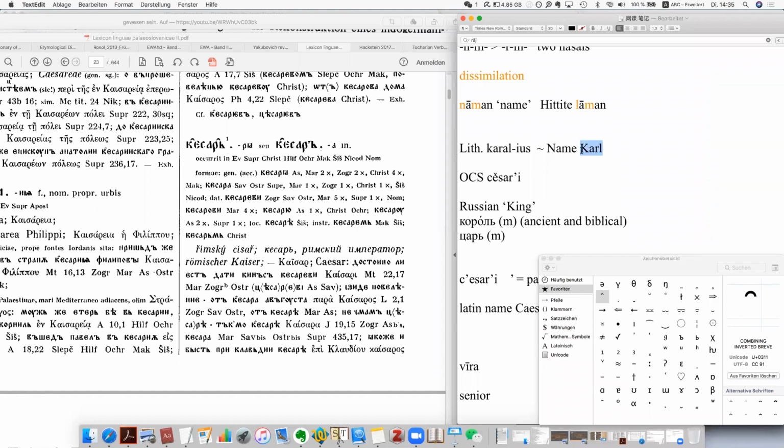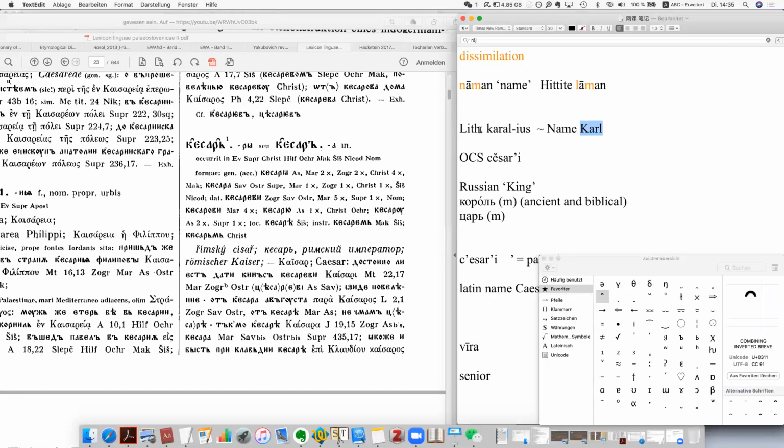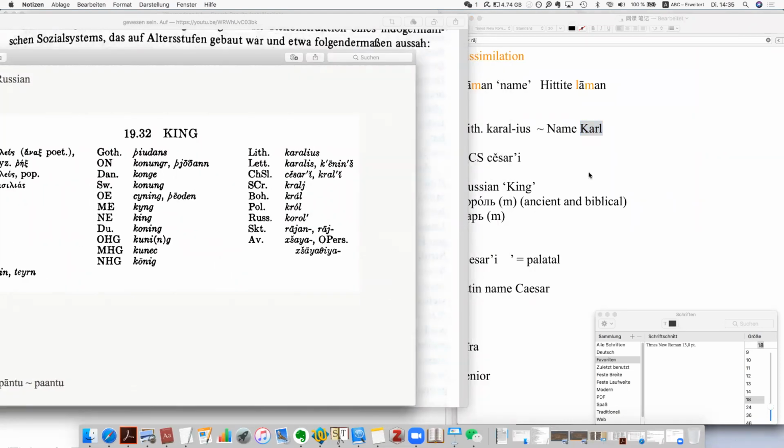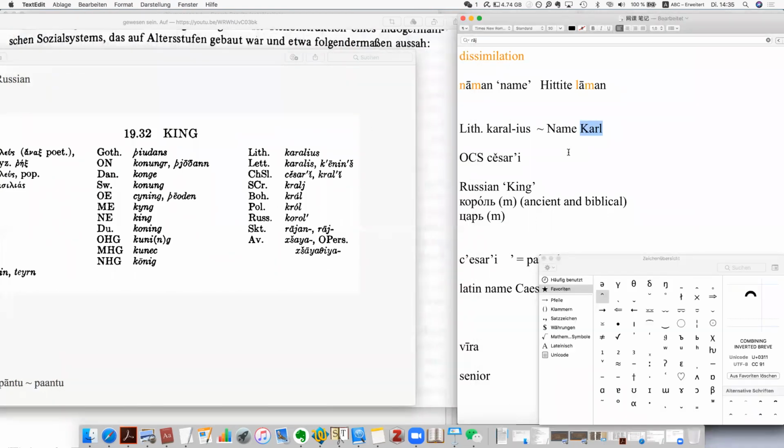One called also in Lithuanian, Balto-Slavic. So that's why Karl is earlier, because it is, how do you say that? It's also preserved in, you can see like in Russian, you have the information in the dictionary. It's ancient and it's biblical.